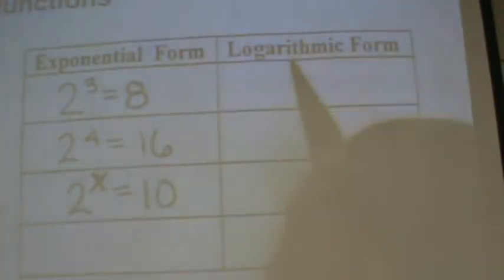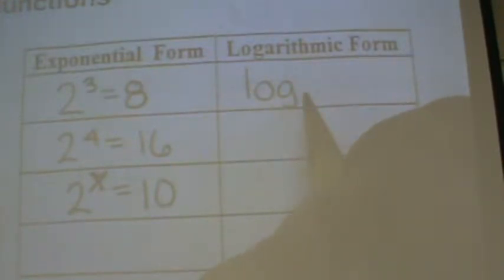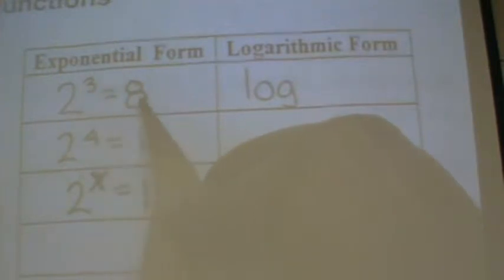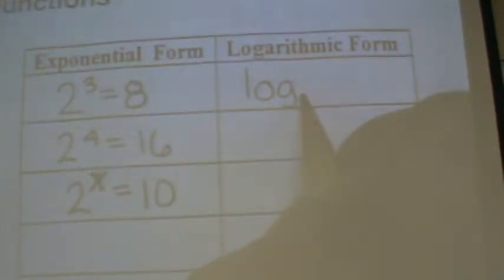Well, do you guys remember how to translate the exponential form to log form? Do you guys remember what these look like? It's been a while. What number goes here? Either the 2, the 3, or the 8. The base is 2.